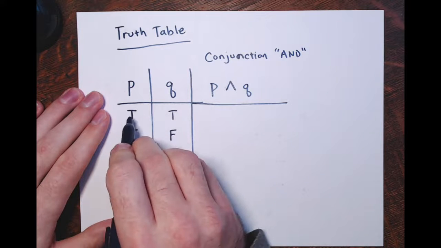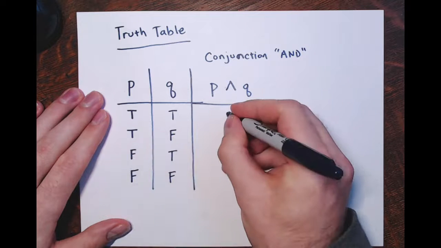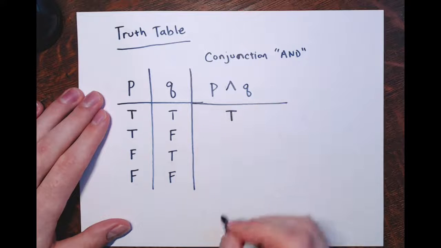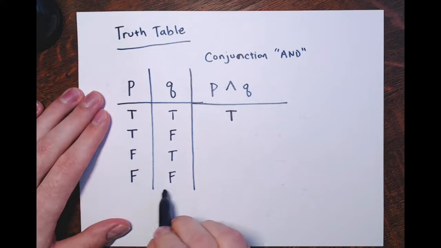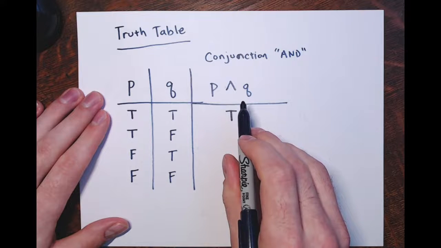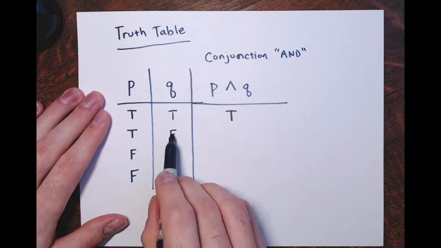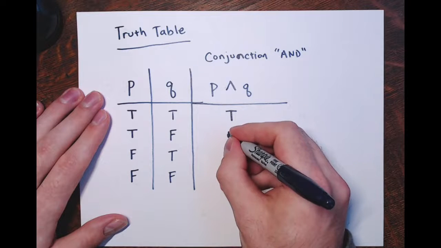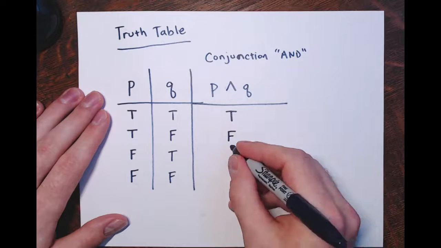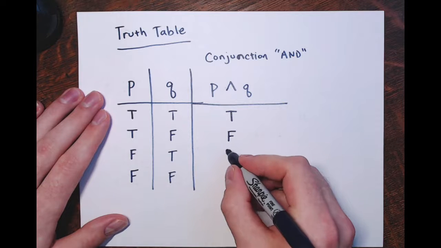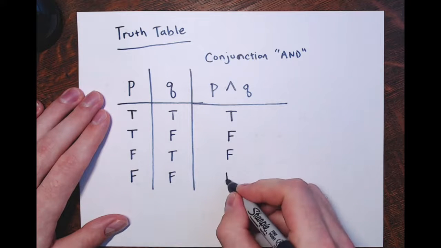So when both P and Q are true, the statement P and Q is also true. The rest of the time, the conjunction is false, because P and Q are not both true at the same time. At least one of them is false. So the conjunction would be false in this situation, false in this situation, and false in this situation.